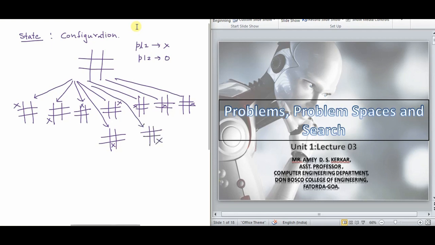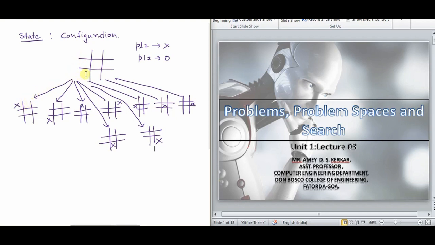So from the initial configuration, after player 1 marks X in one of these 9 cells, the configuration of the game changes. If X is marked on the leftmost cell, then the configuration changes here. In the initial configuration, all the cells were empty.